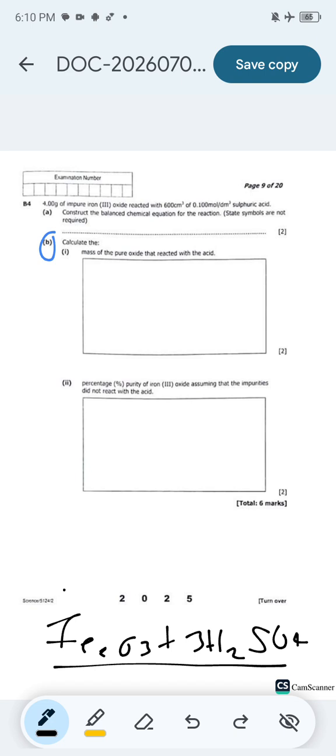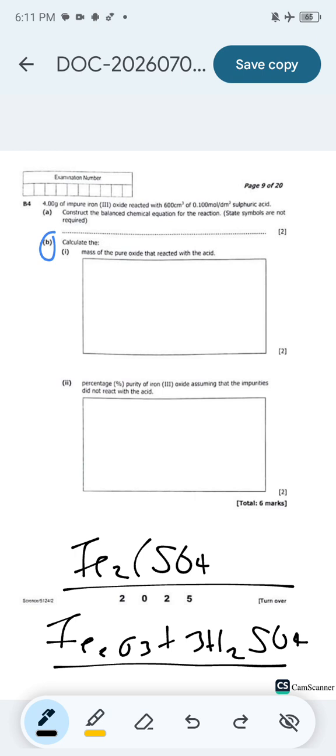Because the space is not adequate, we're going to have the product, which is iron sulfate, plus H2O, water. So please bear with me, this is the balanced equation.